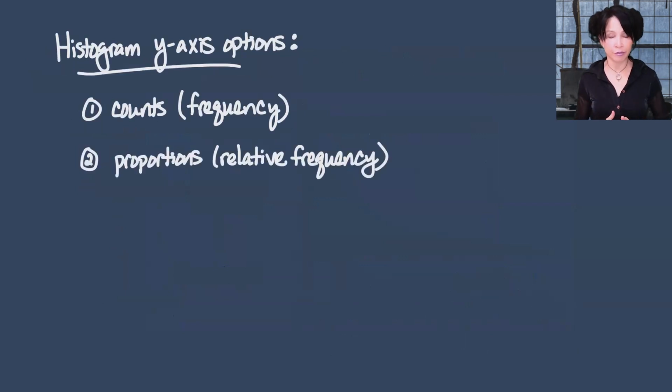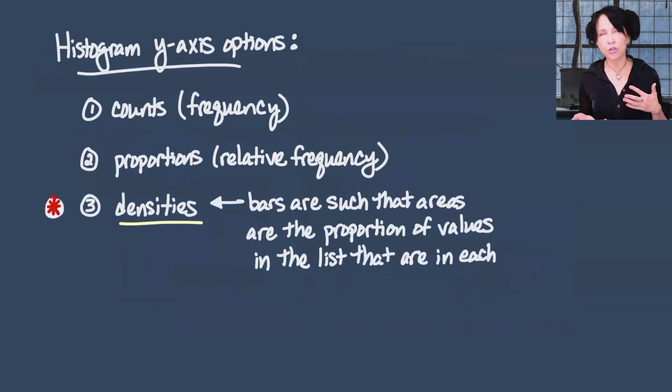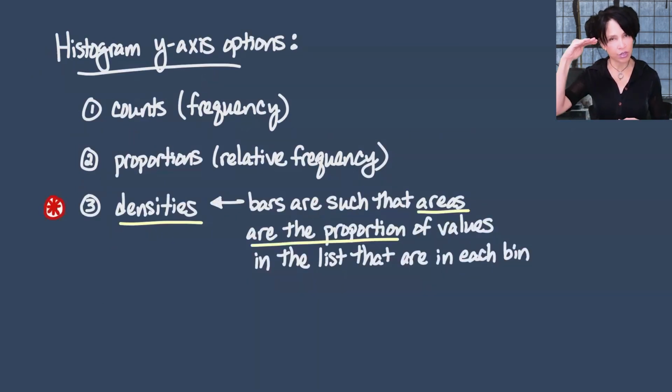That would be relative frequency or proportion on the y-axis. But the third option, and the option we want to use, is to use what is known as density on the y-axis. And this is where you make the height or the values of the height of the bars such that the total area of the bar represents the proportion of values in your list that was in that bin.